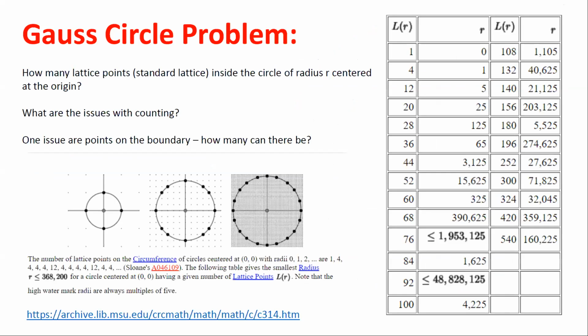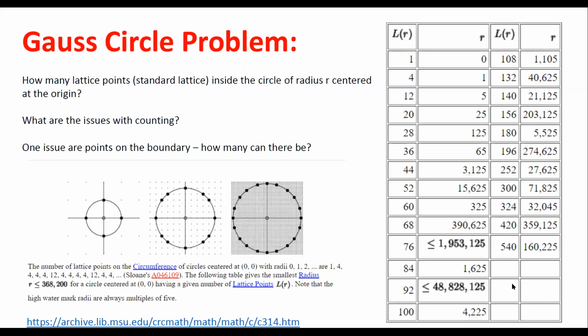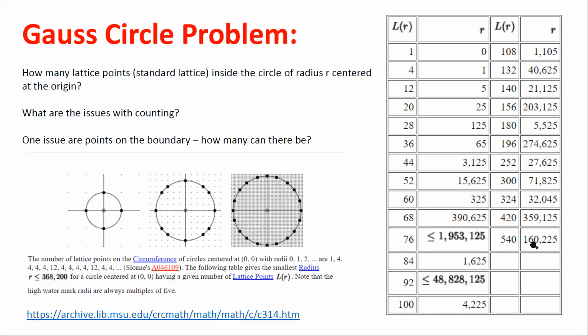Going back a little bit, we were talking about issues with points on the boundary. If you look at the smallest r that has this many points, it looks like r is growing a lot faster than the L of r. So for instance, if we take 540 squared, we get 291,000, which is of the size 160,000.